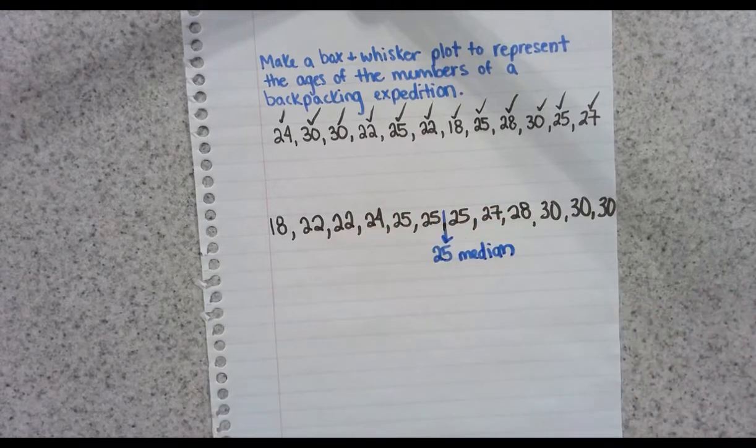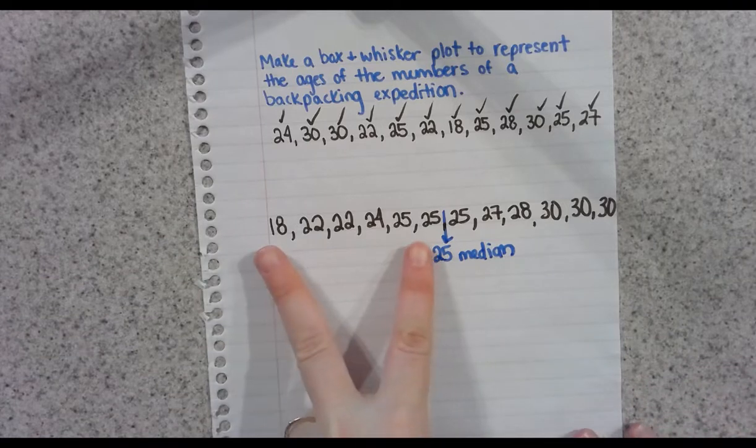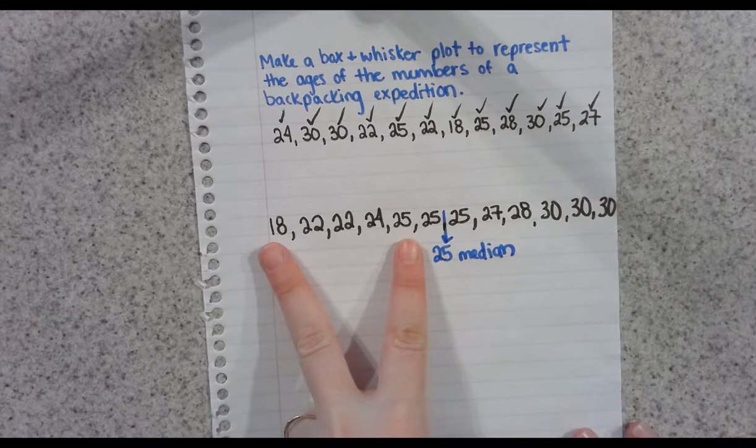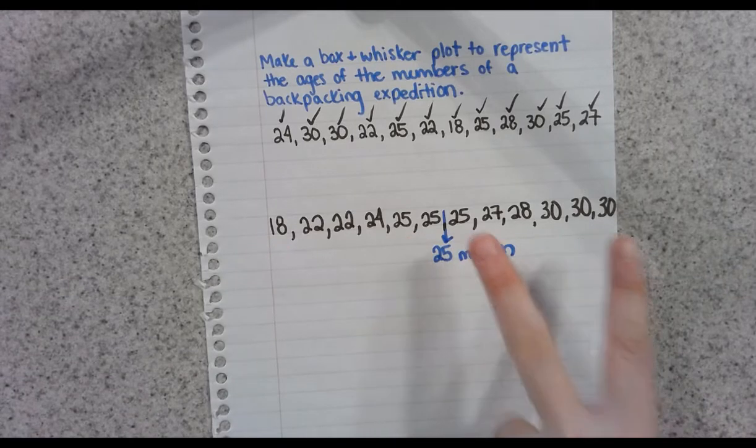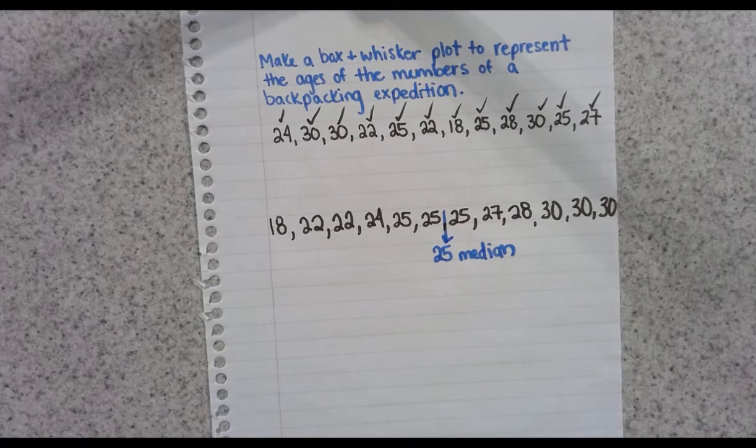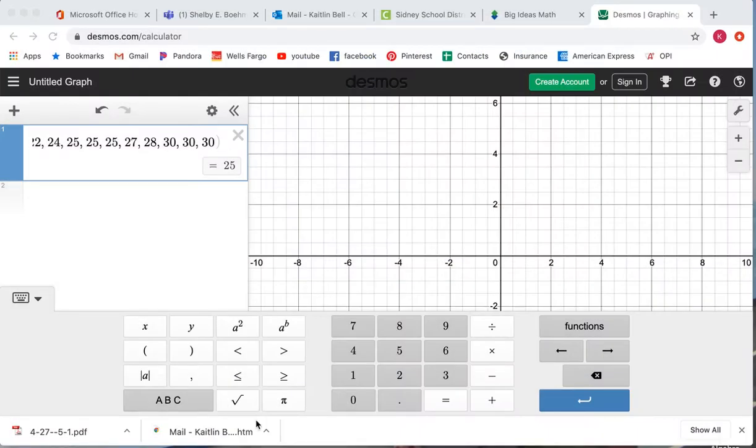Now to find the quartiles, the first and third quartile, we need to find the median of the lower half of our data and then also the median of the upper half of our data. So going back to Desmos, I'm going to cut out the last 6 values here.